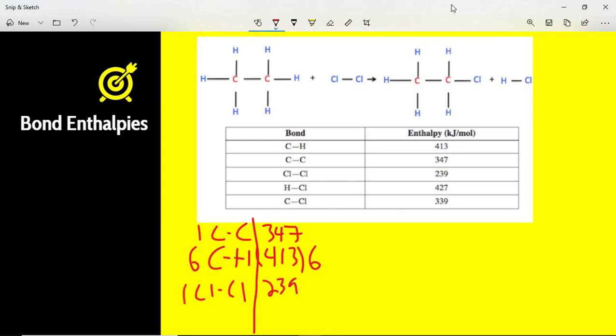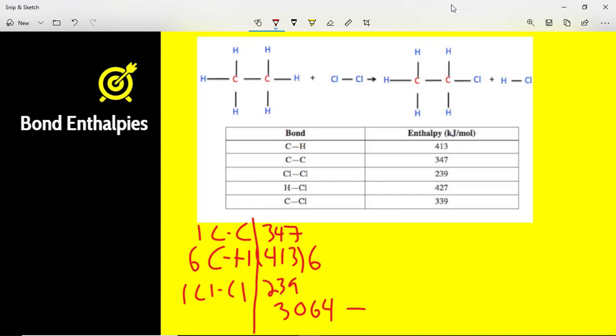All right? Add all those up, we get 3,064 kilojoules. Now we're going to subtract what was formed.